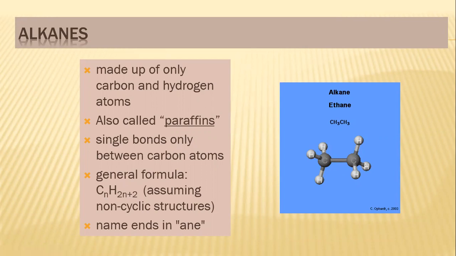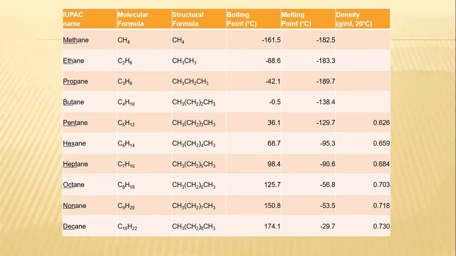If n is equal to 2, it is ethane. If n is equal to 3, that is propane. If n is equal to 4, it's butane.